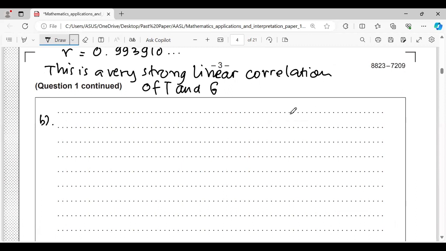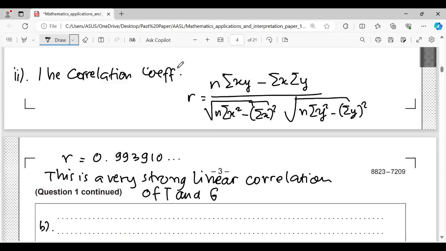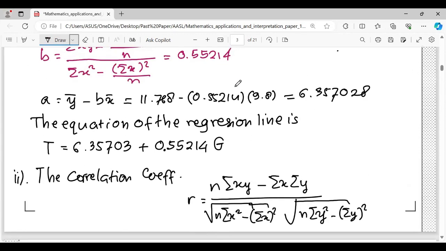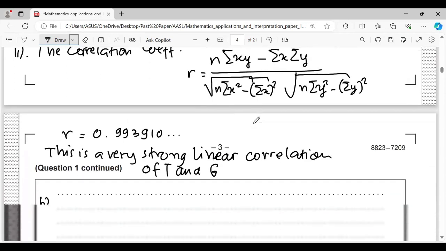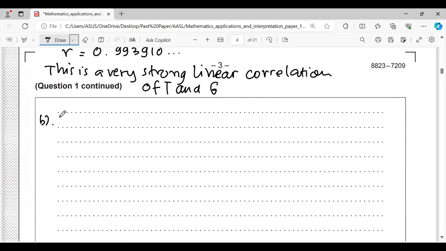It means, based on this equation, the regression line T equals 6.35703 plus 0.55214 G. Now substitute 13 into G.